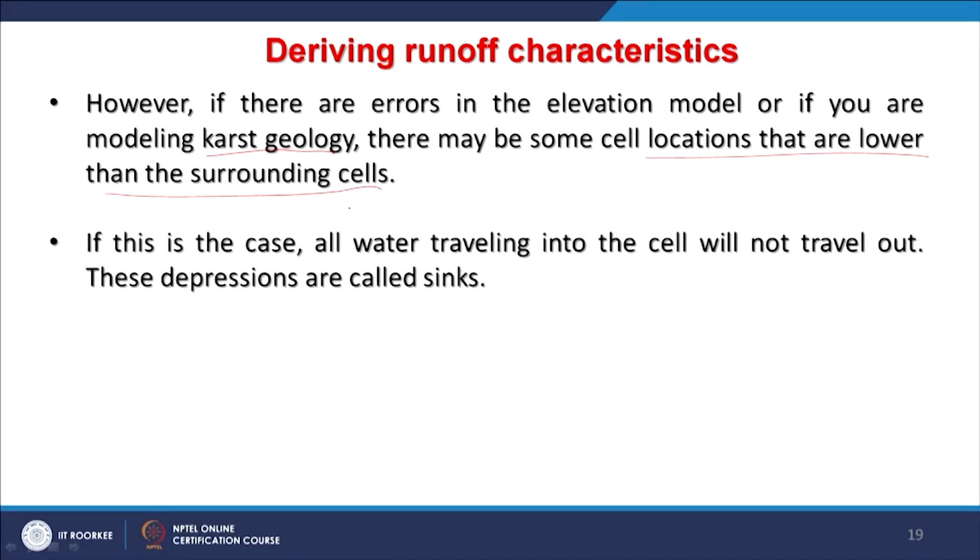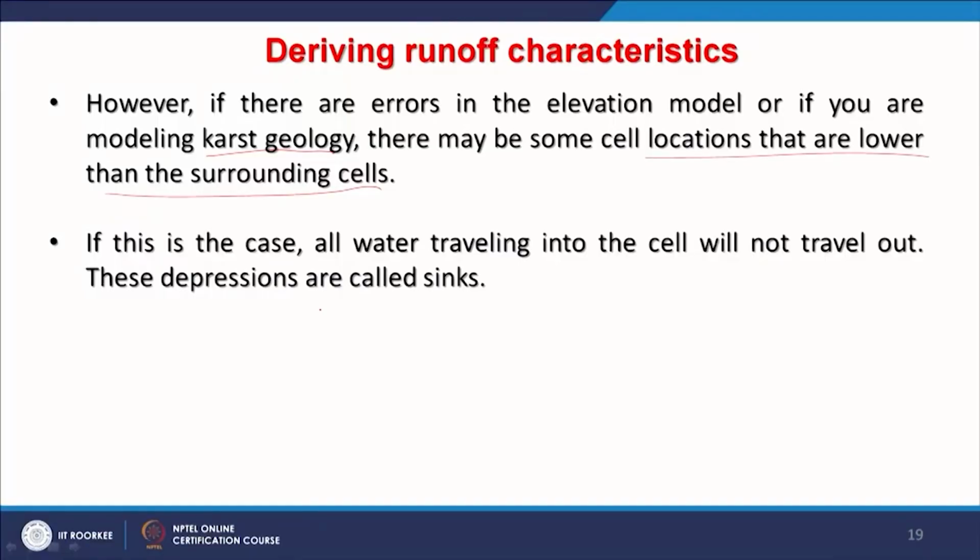In those conditions the surface hydrologic modeling will fail, because the assumption here is that each and every drop of water has to flow as surface runoff and has to come out of a watershed. In case of karst topography, the water travelling onto the cell will not travel out, and if that does not travel out, then this surface hydrologic modeling will not work.